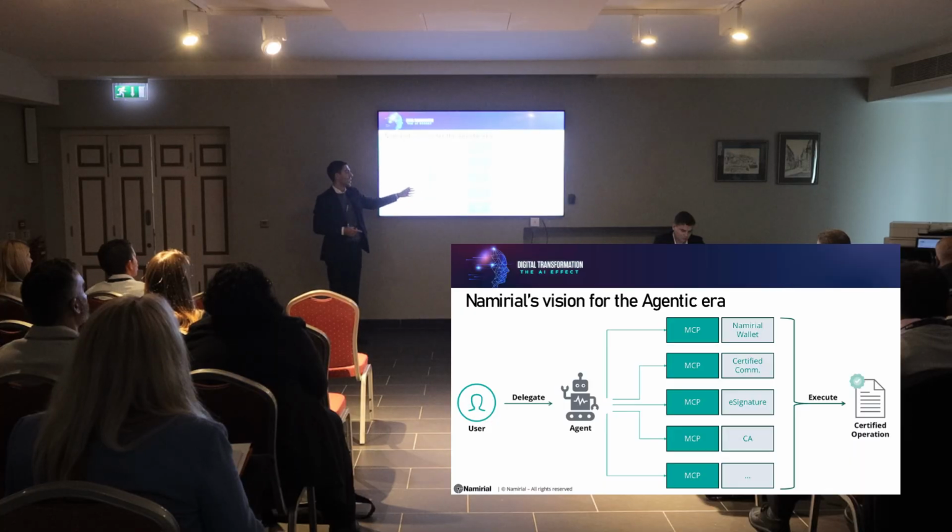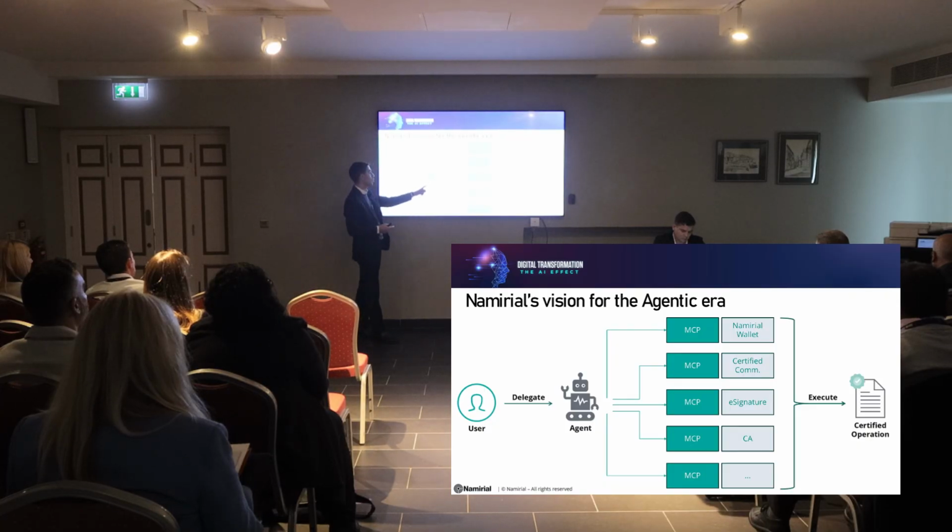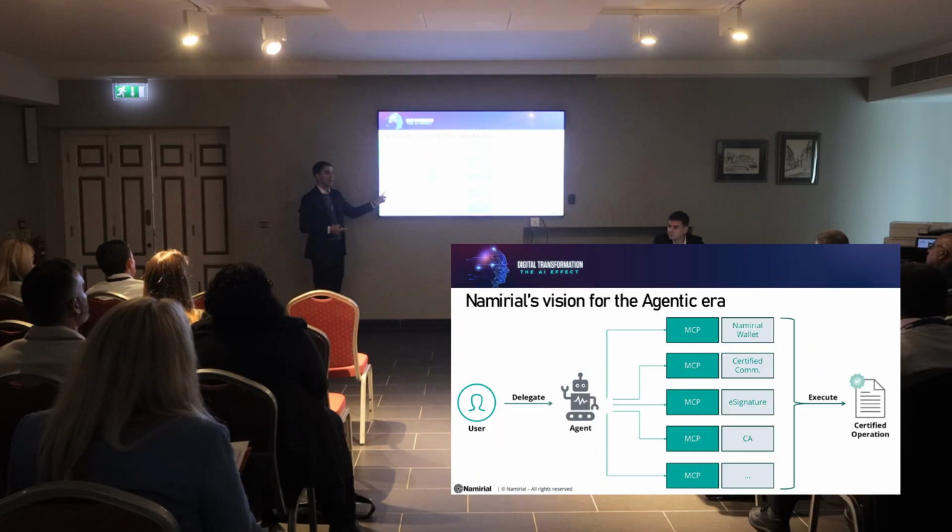For instance, if an agent interacts with a bank or a governmental entity or any other company out there, how can that entity be sure that it is actually interacting with a trusted agent? And before that, how can that entity be sure that the agent was actually mandated by the user? And who is the user?